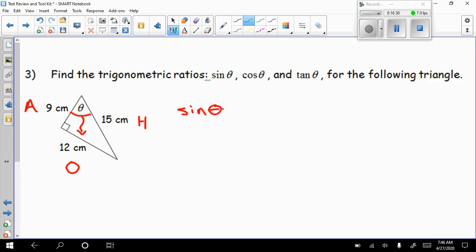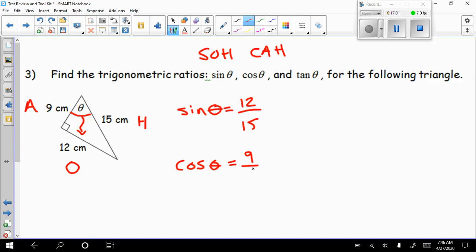So sine of theta, I know based on soh is opposite, so it's 12 over hypotenuse, 15. That's all they're looking for here. So here we go, cos of theta. Well, I know that that's cah, so it's adjacent.